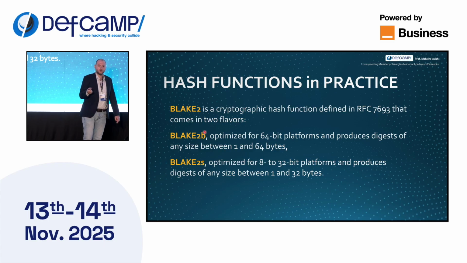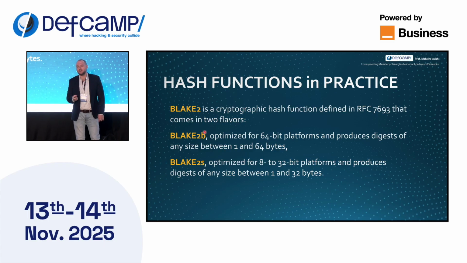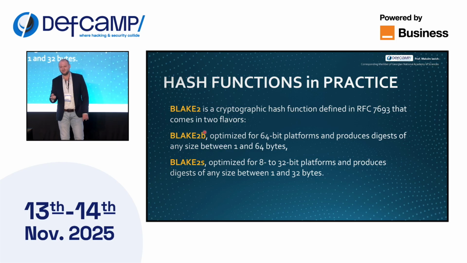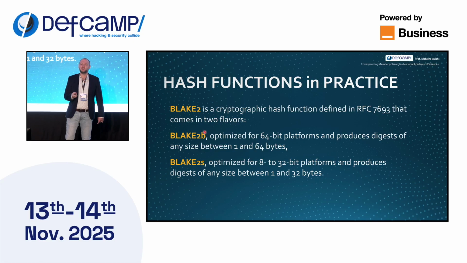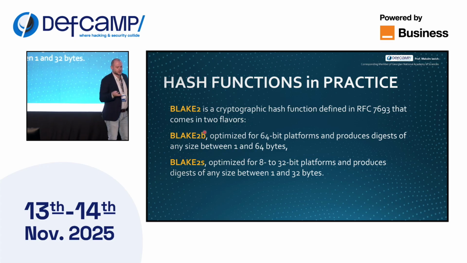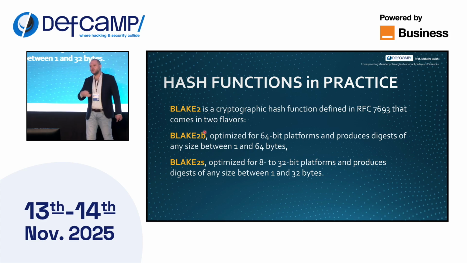A very good option for a hash function is the Blake family of hash functions. It's not a NIST standard, but it's still used in many products, for example in WinRAR. There exist two flavors of Blake.